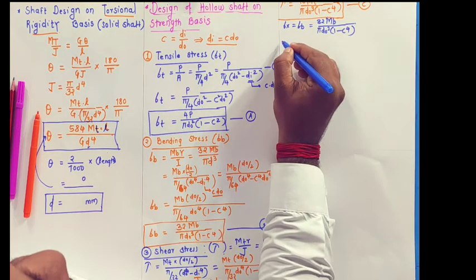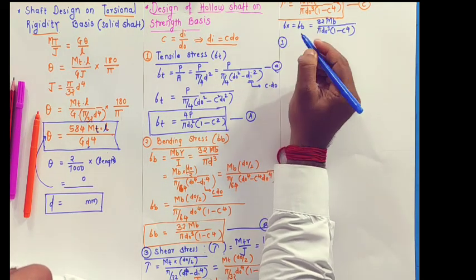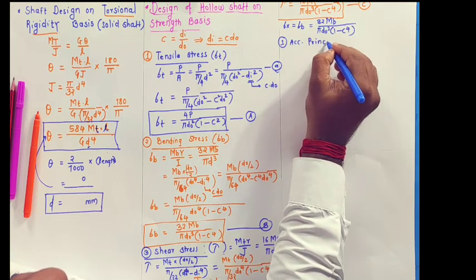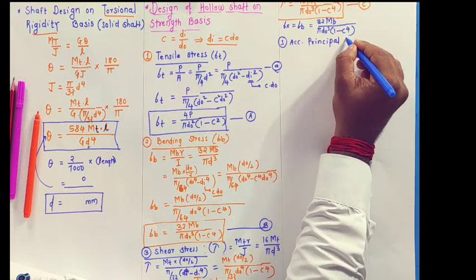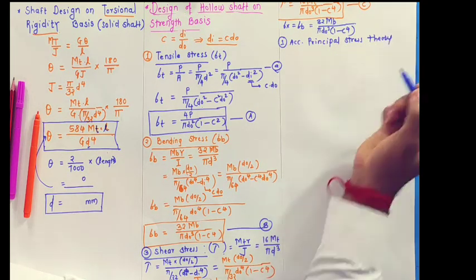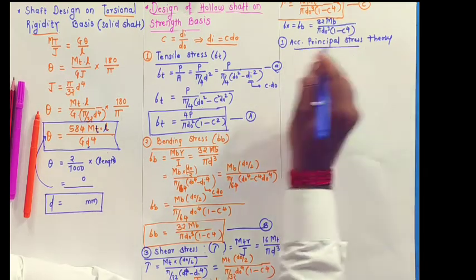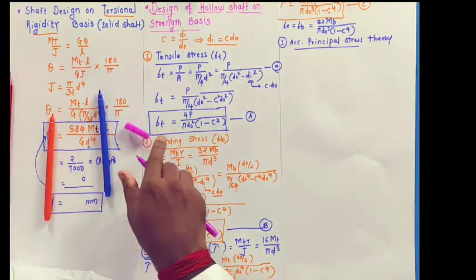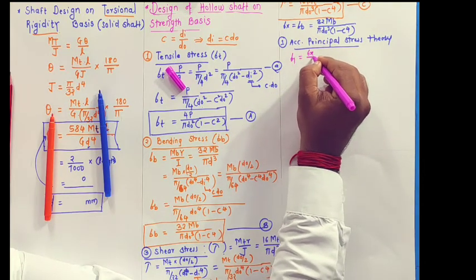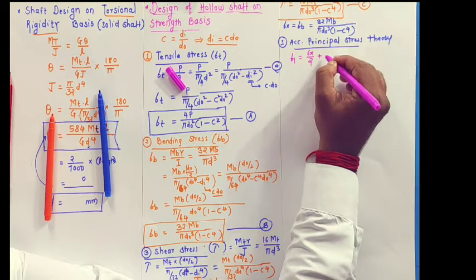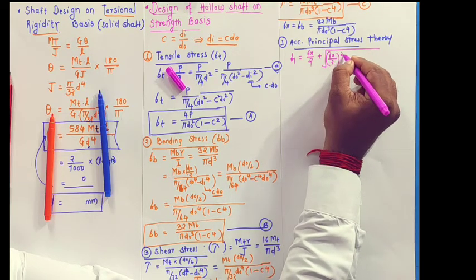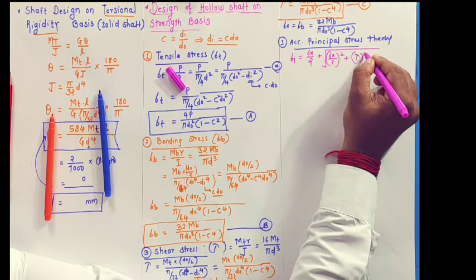Now we'll have to use theories of failure. So according to principal stress theory, what will I have to write? Sigma 1 is equal to sigma x by 2 plus square root of bracket sigma x by 2 squared plus tau square.